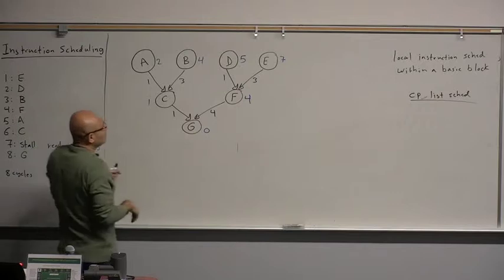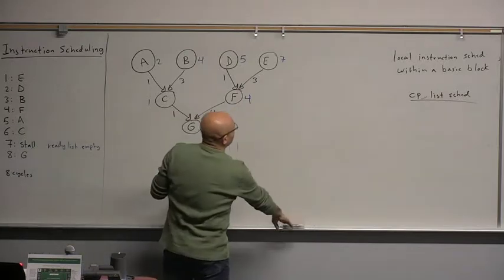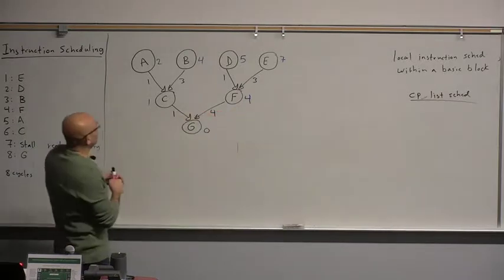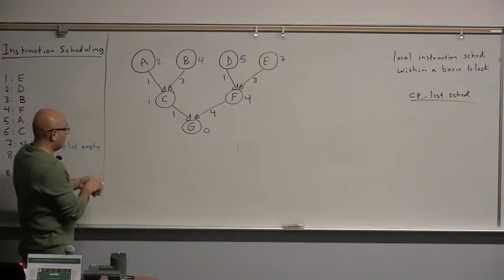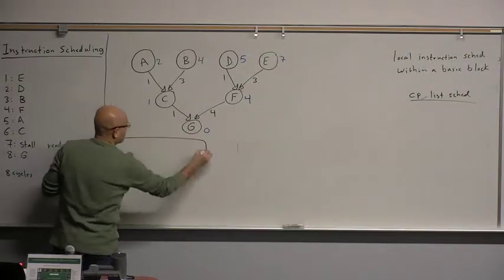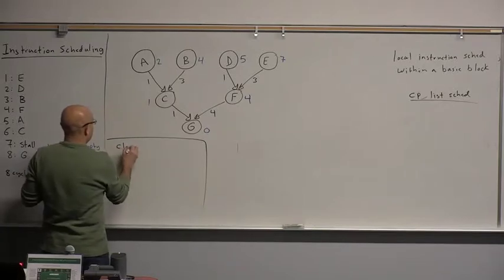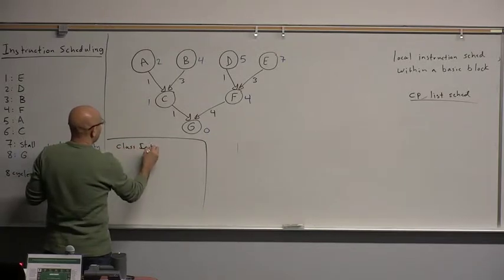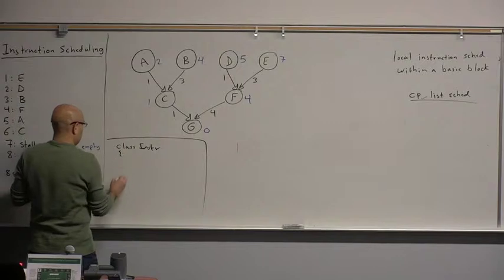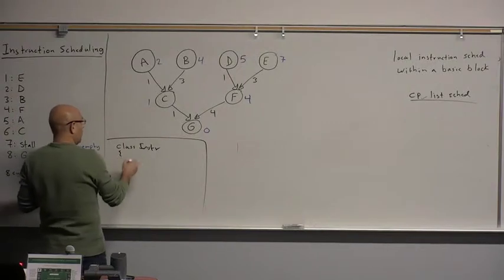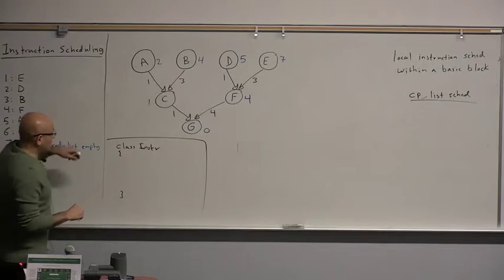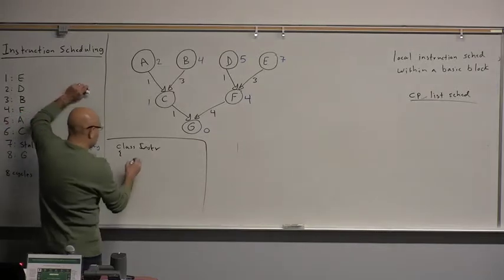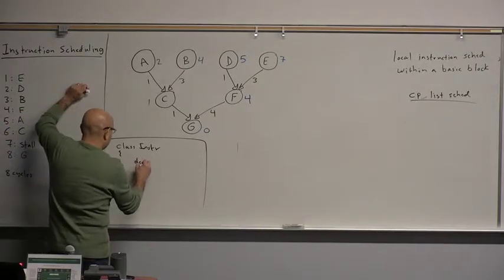In fact, let's try to think of the data structure that we need for each instruction. So if we have class instruction, what do we need to keep in this? So one of the data fields in this is going to be the dep count.